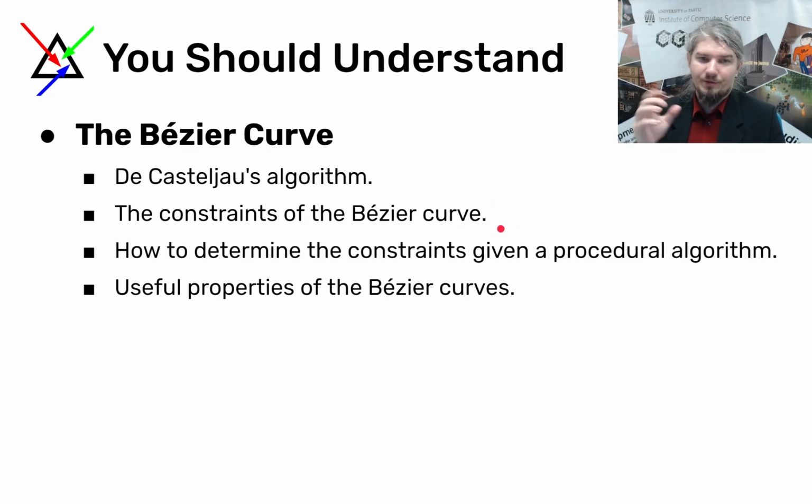So the constraints were on the locations at the beginning and end, and the derivatives. So the actual derivative was 3 times larger, the vector from the first control point to the second, and similarly from the third to fourth. You have now seen how to determine the constraints given a procedural algorithm, and you also learned several useful properties of Bezier curves.